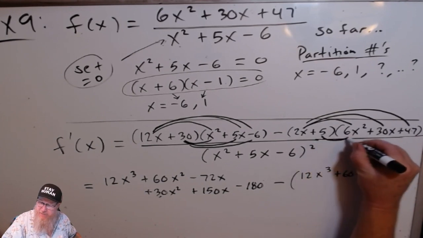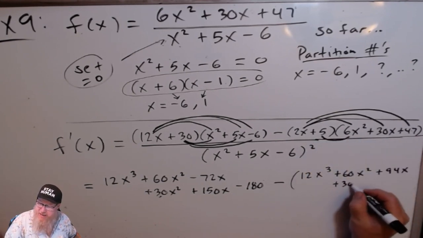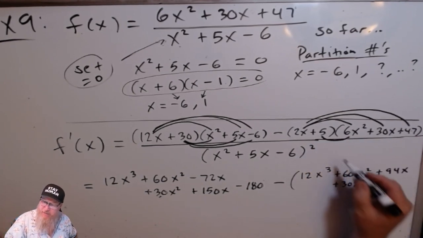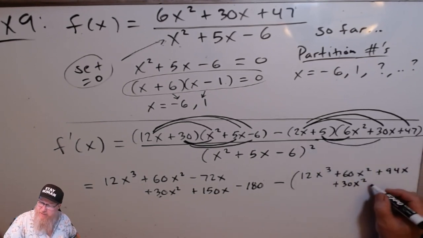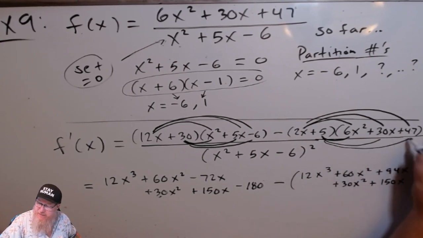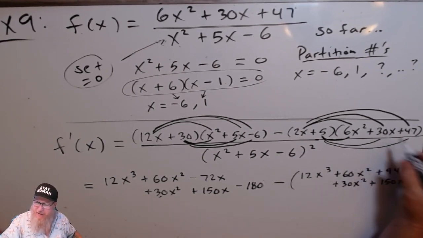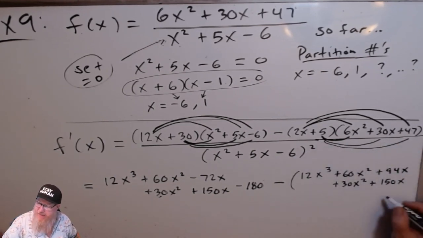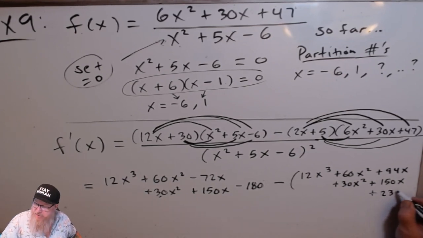And then here are the bottoms: 30x squared, 150x. You might notice a pattern here. And then 5 times 47, 235.